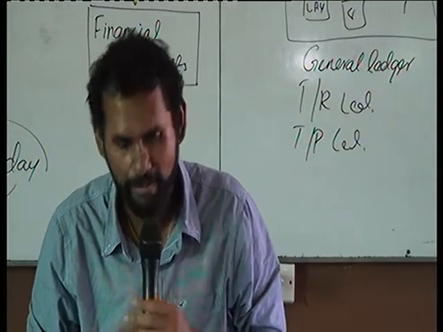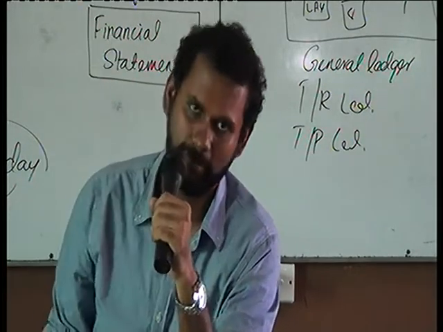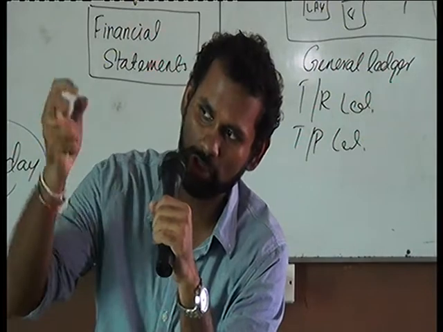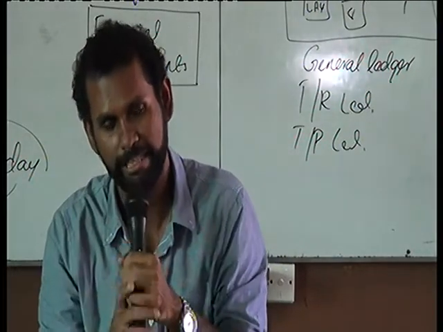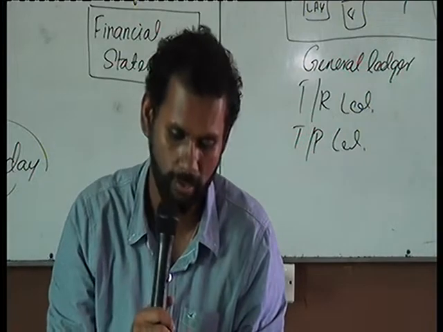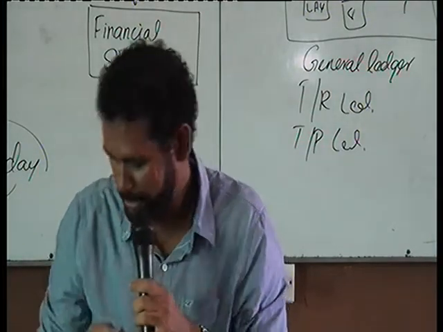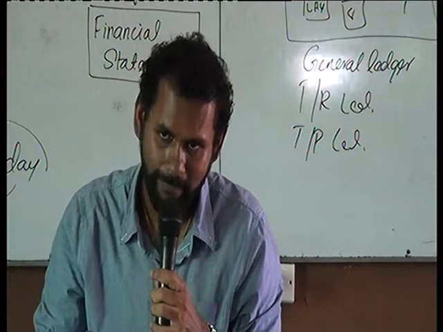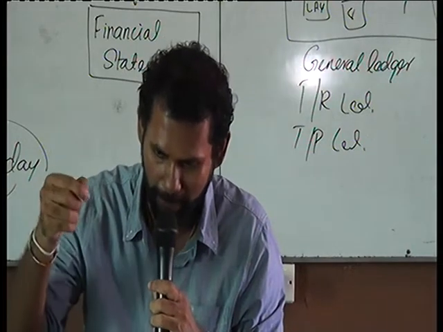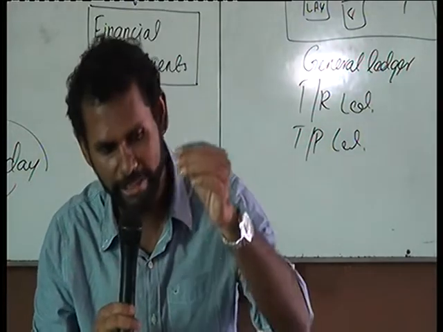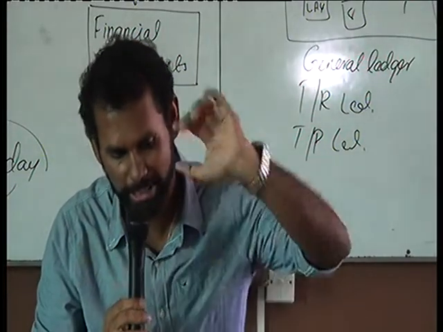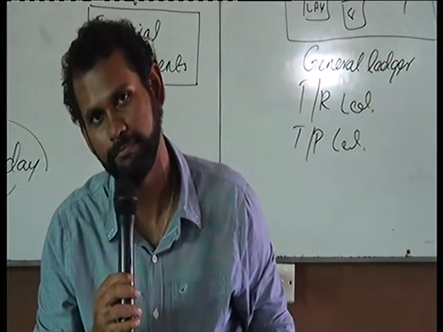And then we have the transferability of responsibility. That is, whenever a source document is raised, there will be a person who is going to authorize it. Let's say, for example, a sales document, a sales invoice. If the company is making a sales invoice to someone, then the sales manager or the sales clerk will be signing that. So he takes over the responsibility that this type of sale has actually happened.